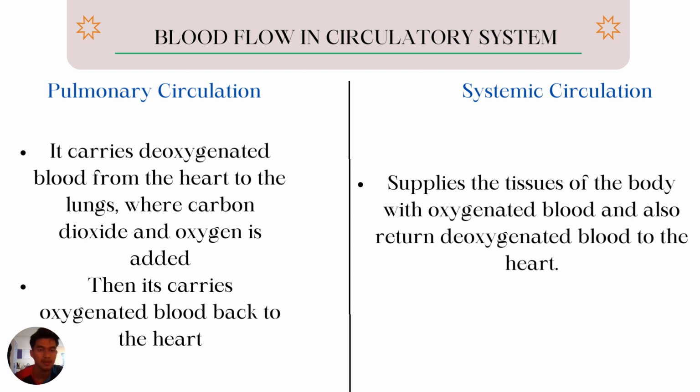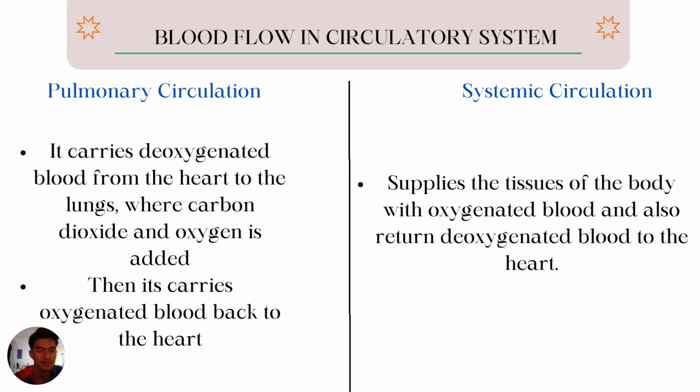Next, I will talk about blood flow in the circulatory system. In the circulatory system, we have two circulations. The first one is pulmonary circulation, and the second one is systemic circulation.